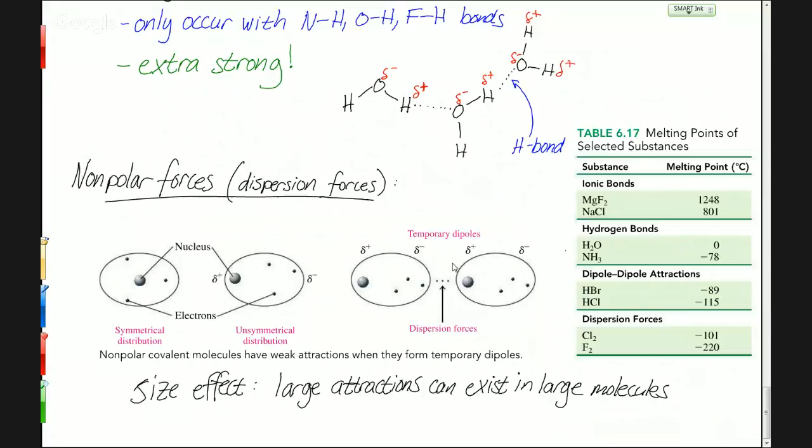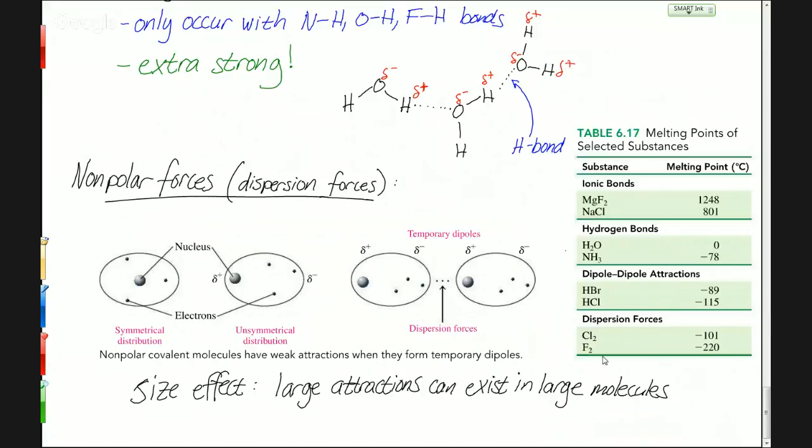And then if you go to the dipole interaction, these are molecules that have a dipole but cannot hydrogen bond because they're not bonded to hydrogen with other things. You see that the melting point goes down because now those forces aren't as strong. So it's easier to melt them. It's easier to break them apart. And then finally, dispersion forces, where you have molecules that have no polarity at all.